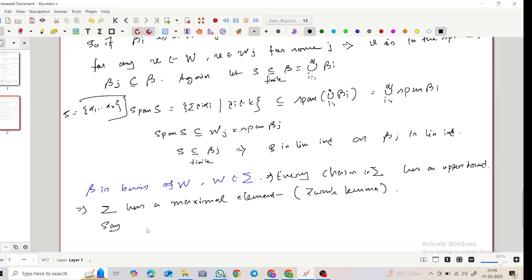See, so our claim is that V is a maximal element, or maybe I should write V is the maximal element.